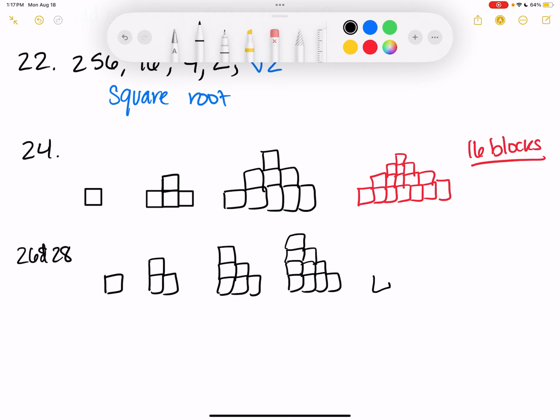And then 1 more, 5 on the bottom. So this is figure 1, 2, 3, 4, and 5.